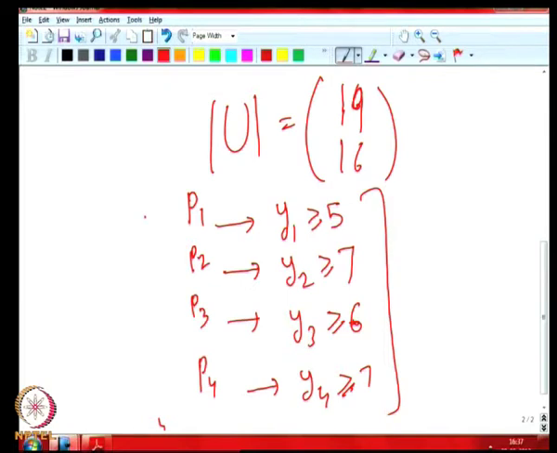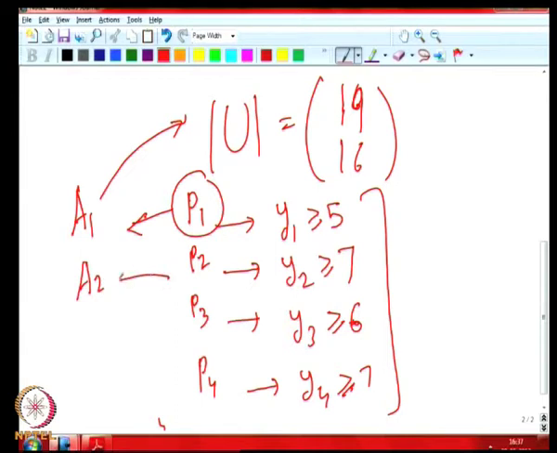Now we have to find the set A1, which is the set of solutions from the universe which has the undesirable property P1. Similarly, we want to find A2, the set of solutions from the universe which has the undesirable property P2, and similarly A3 and A4.